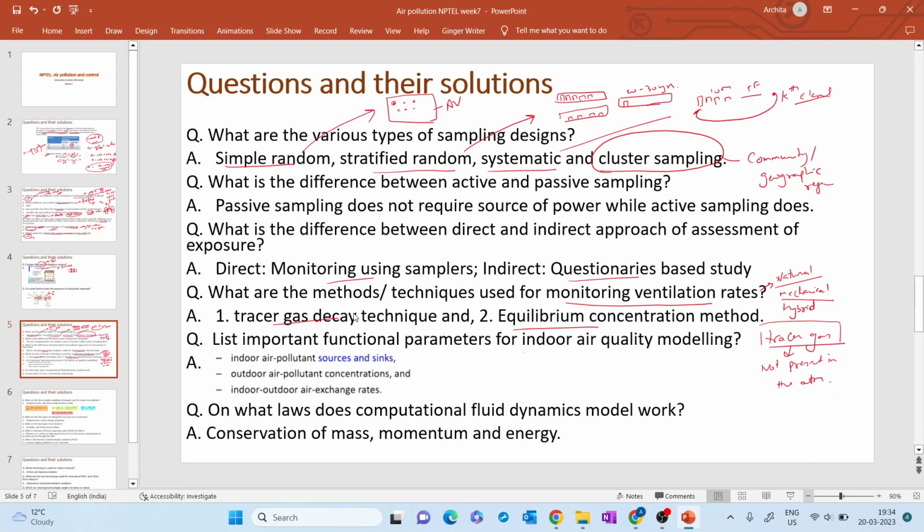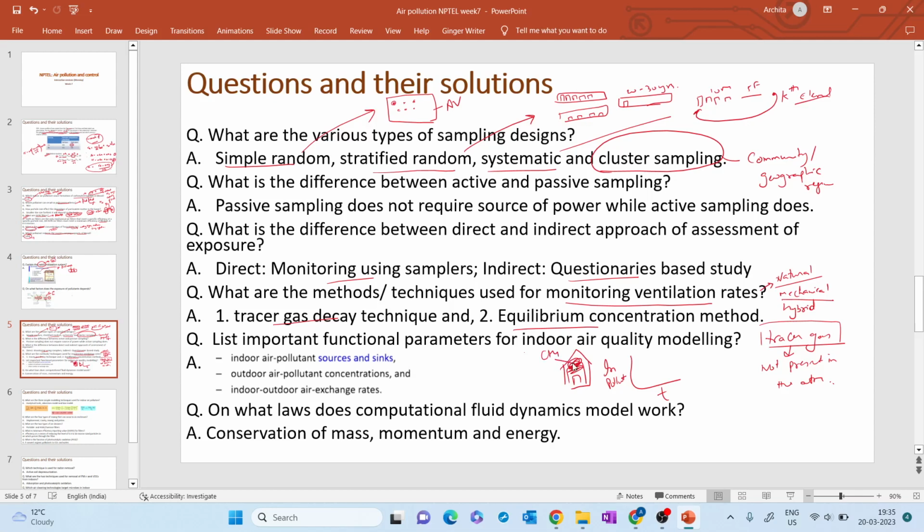In the tracer gas method, you take any tracer gas, a gas which is not present in the atmosphere. You have a house, and you put the tracer gas in the house, and then you plot something called time versus ln of pollutant. You fill this house with a gas. For example, let's say I am putting methane.